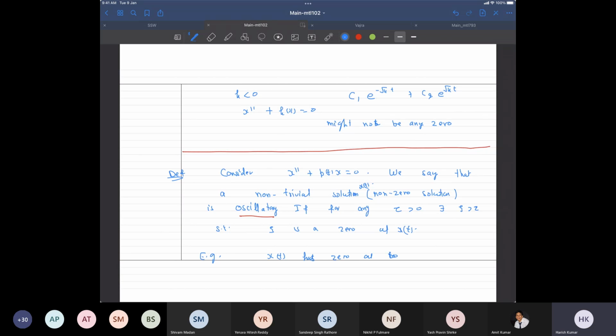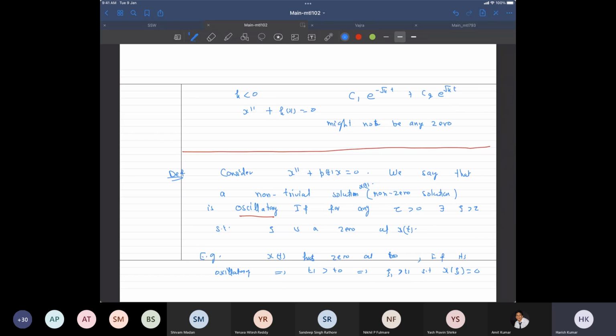If it's oscillatory by definition, then if I take some t1 which is bigger than t0, there exists another, let's call it xi1, bigger than t1 such that x at xi1 is 0.